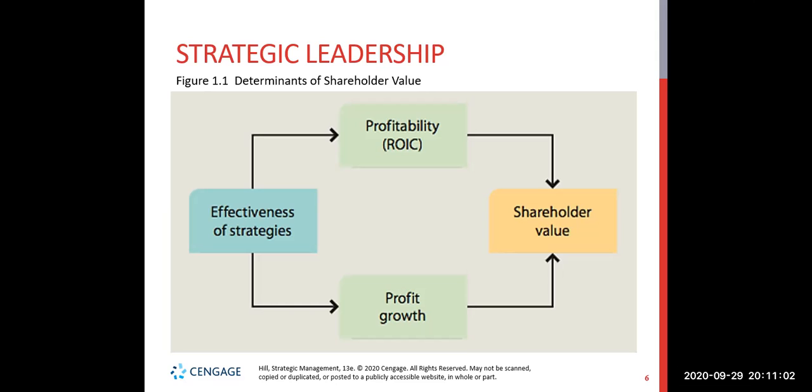One way of measuring the profitability of the company is by the return that it makes on the capital invested in the enterprise, which is known as the return on invested capital. It has been mentioned in the book, in the figure in front of you. The ROIC that a company earns is defined as its net profit over the capital invested in the firm. That means net profit, the profit after tax, divided by capital invested.